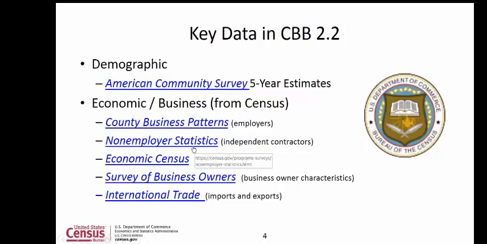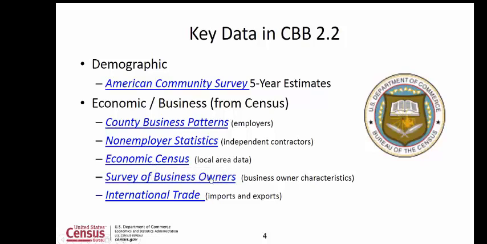Economic Census is a census we conduct every 5 years. It ends in 2 and 7. And that data mirrors some of what you get from the annual County Business Patterns, but it's more robust. It has data on total receipts and other measures that you only get from the Economic Census.